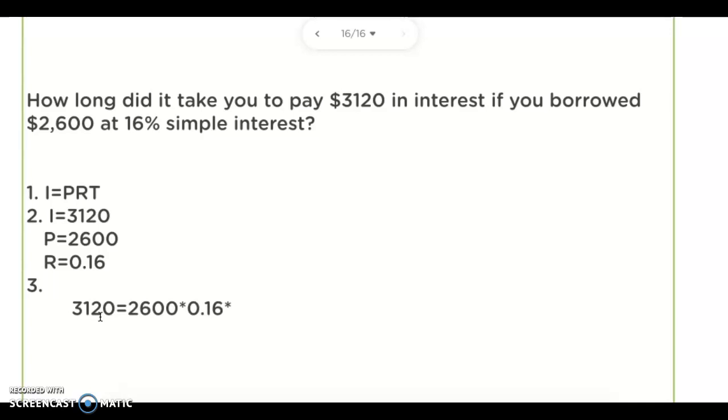We plugged it into the formula, and now we're going to solve. The first thing we're going to do, ladies and gentlemen, is multiply these 2 numbers here.